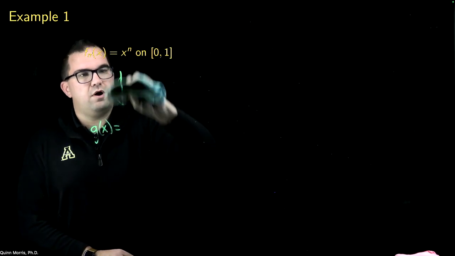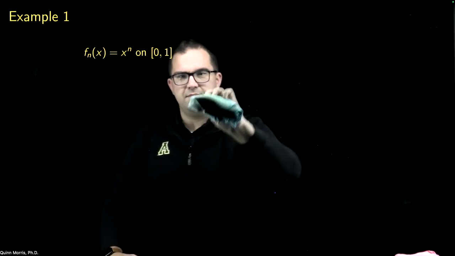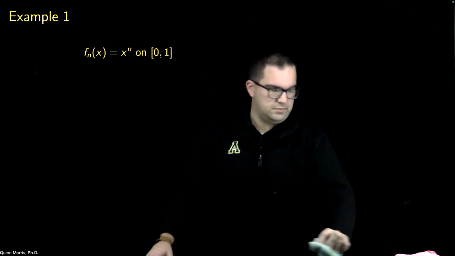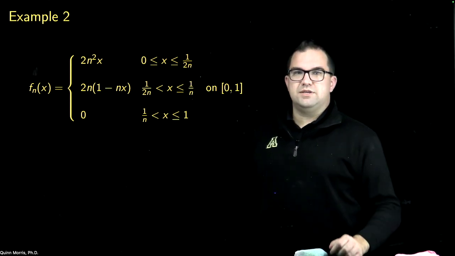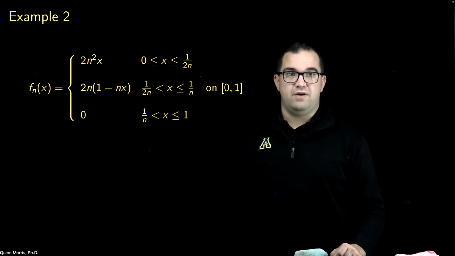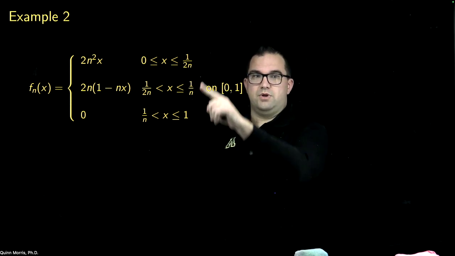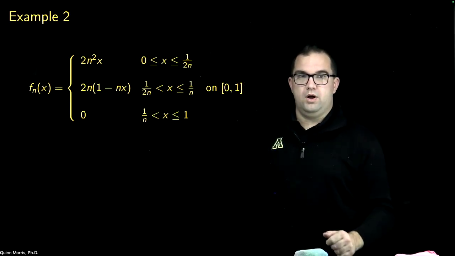Now, for our second example, I want to take something that's maybe at first a little bit harder to make sense of. I want you to consider the following sequence of functions, each of which is piecewise defined. I'm defining this function for each natural number n, on the interval 0 to 1.